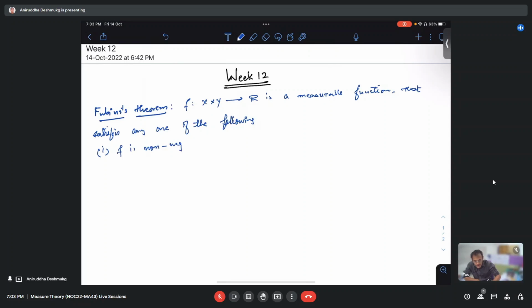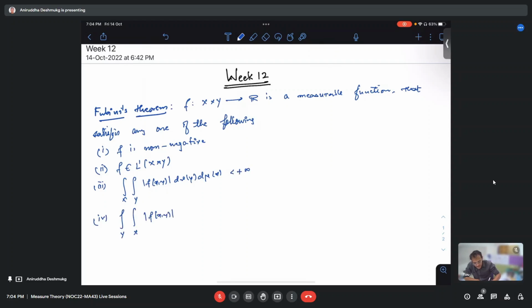That means at every point (x, y) in X cross Y, f(x,y) is a non-negative real number, or f is L1 on X cross Y in the product measure, or integral over X, integral over Y, mod of f(x,y), d mu y, d mu x, is finite, or integral over Y, integral over X, mod of f(x,y), d mu x, d mu y, is finite.